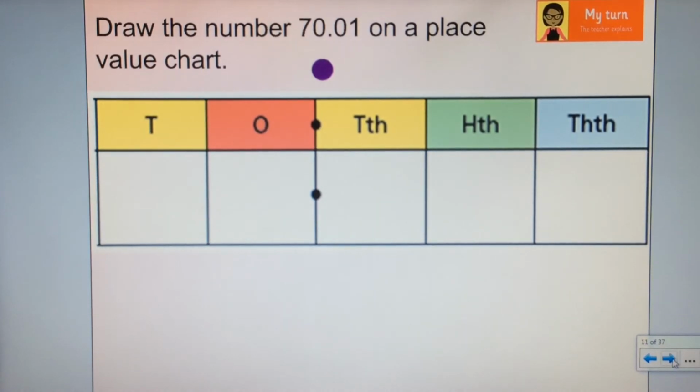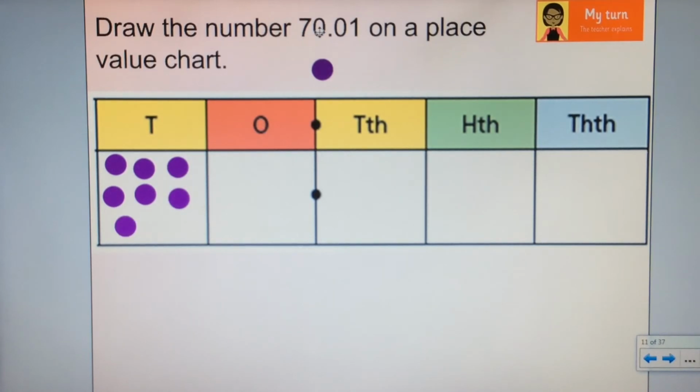Let's have a go at another one then. This question says draw the number 70.01 on a place value chart. I have to be careful here because I've got zeros in. So again, match up my decimal point. I've got no ones. This number here, 7, is in the tens column. So I've got 7 tens. 1, 2, 3, 4, 5, 6, 7 tens.